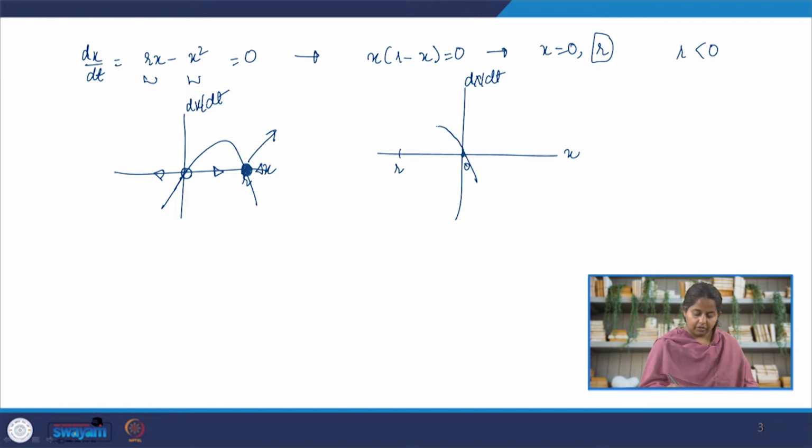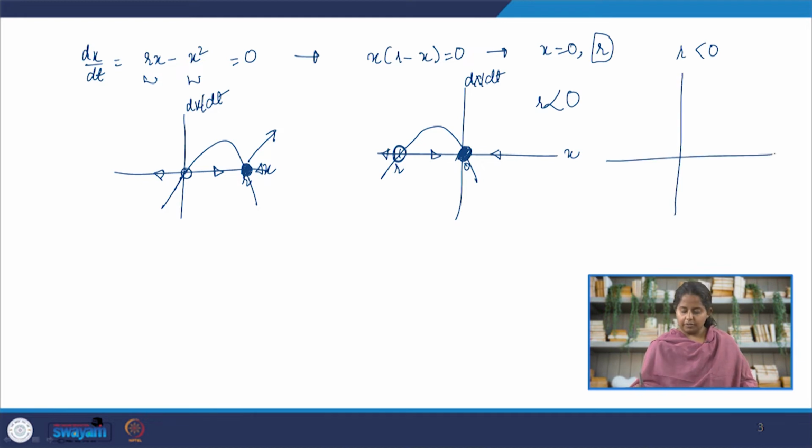Notice here on the left side of r, dx/dt is negative, so the flow is to the left towards minus infinity. Here it is towards the right, towards plus infinity, again towards the left on the right side of 0. So, 0, which was an unstable fixed point, when r is less than 0 becomes a stable fixed point. But 0 is still there, it does not go away, and r becomes an unstable fixed point.